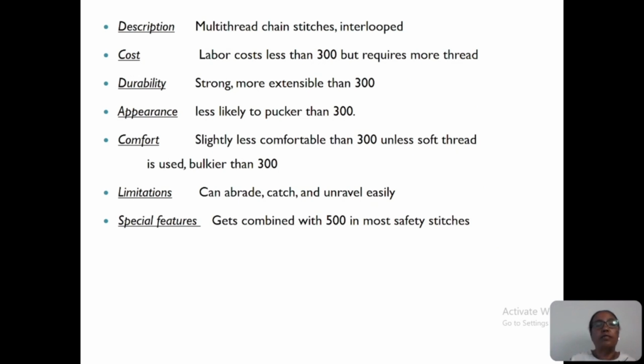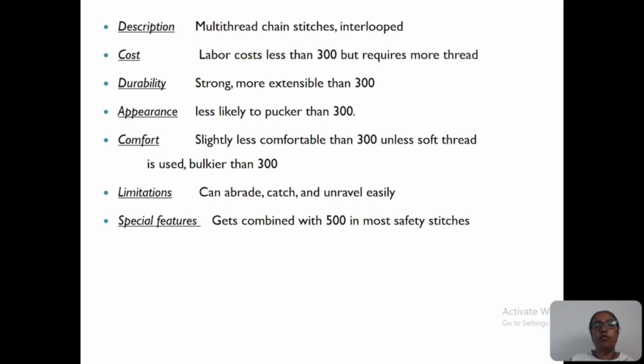This class 400 is a multi-thread chain stitch, or interlooped. Labor cost is less than 300, but it requires more thread. Durability is strong, more extensive than 300. Appearance: less likely to pucker than 300.